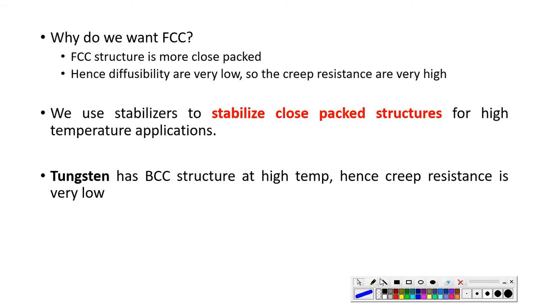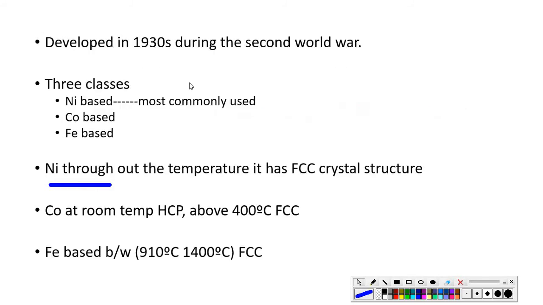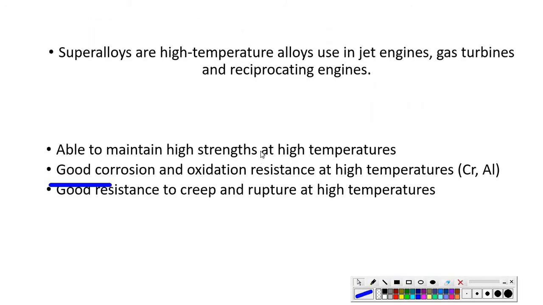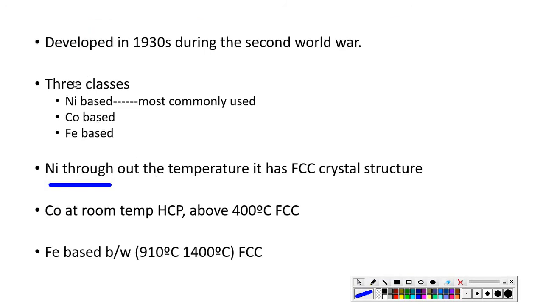But the next question is, why are we not using tungsten for making superalloys? We know the tungsten melting point is above 3000 degrees Celsius. So its melting temperature is much higher than that of all these materials: titanium, nickel, steel, aluminum. But we are not using tungsten to make these superalloys. What is the reason?